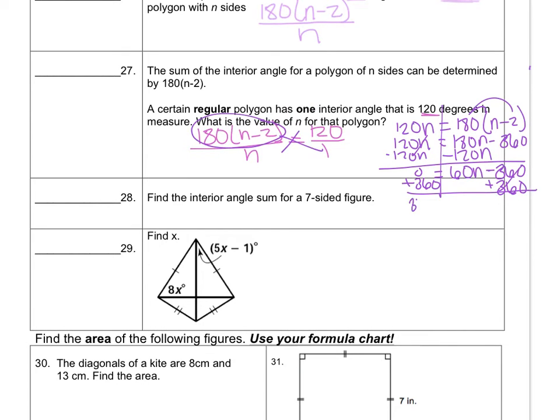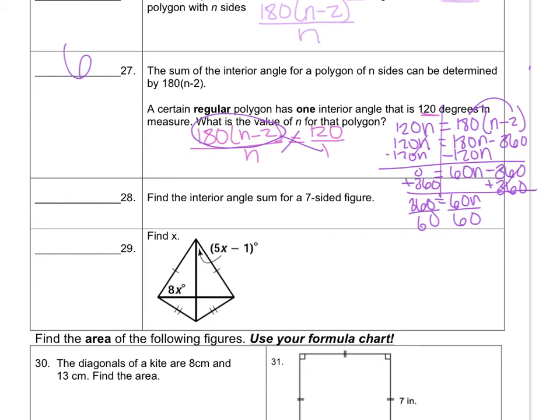So you have 360 equals 60n. And when you divide by 60 on both sides, you should get that n equals 6. Okay, you're going to have to do that tomorrow, so make sure you are prepared and review this problem as needed, so you'll be good to go tomorrow.